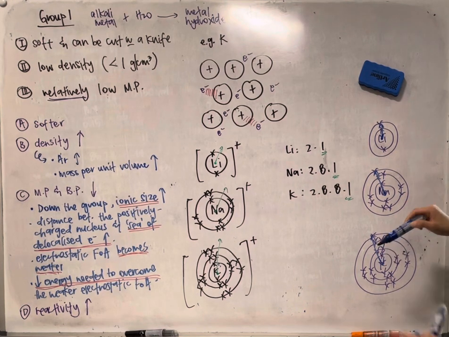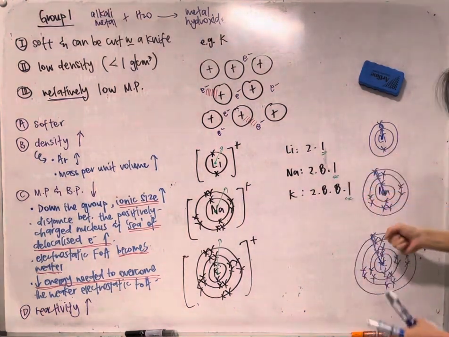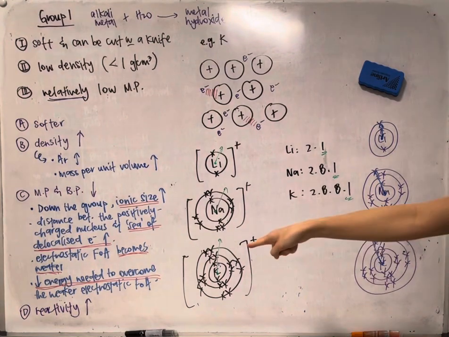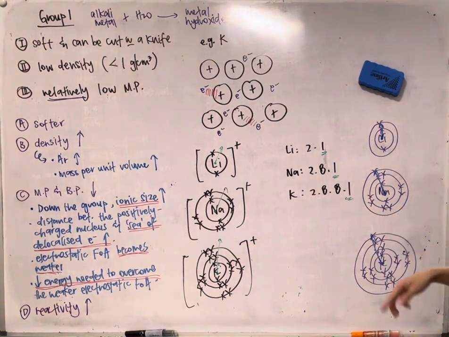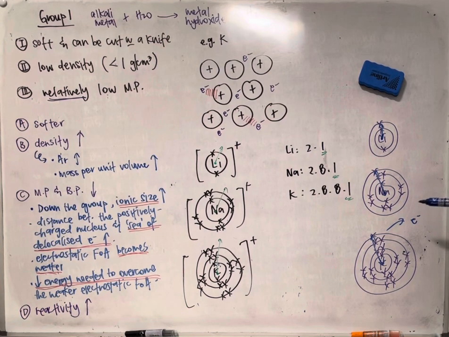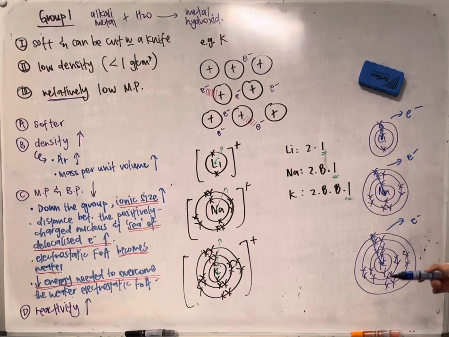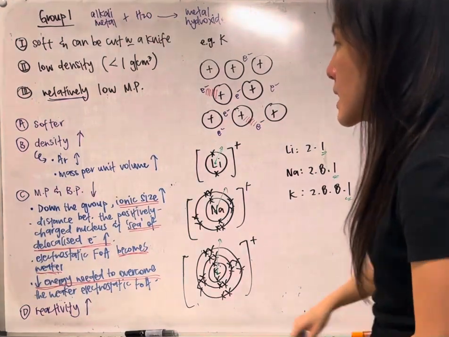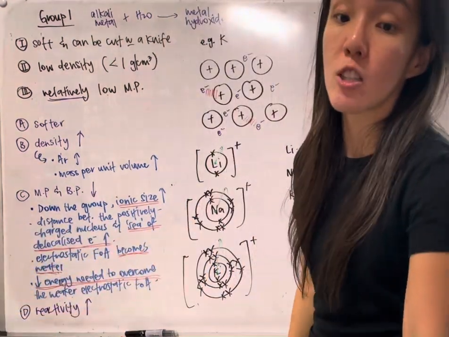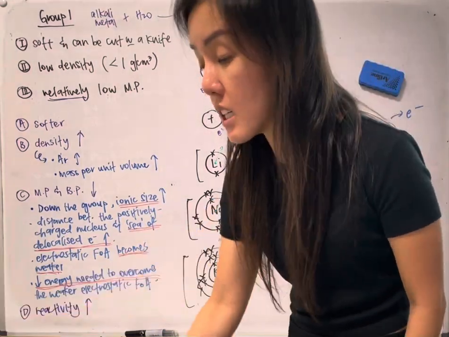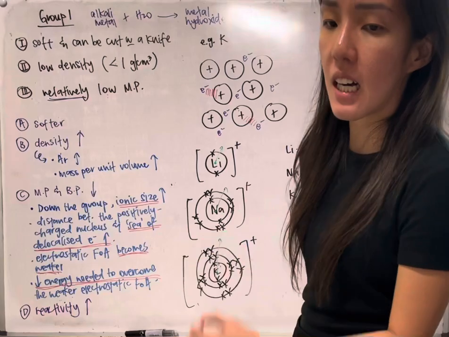It becomes further and further away. What happens to the electrostatic force of attraction pulling the valence electron to itself? Also weaker. Is it easier to lose? It's easier to lose this valence electron compared to lithium. Understand? So remember the terminology: highlight atomic size, valence electron, and easier to lose. This is the standard answer.